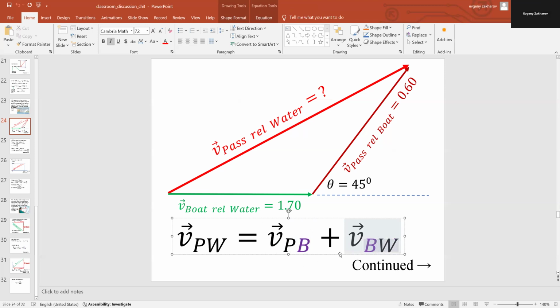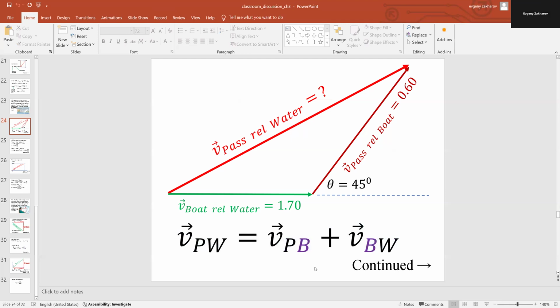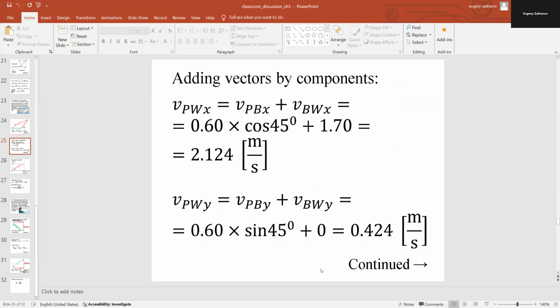I can say boat cancels, and you're left with PW, so purple coefficients cancel, and you're left with those black subscripts. That's what we're looking at. Well, should be clear.